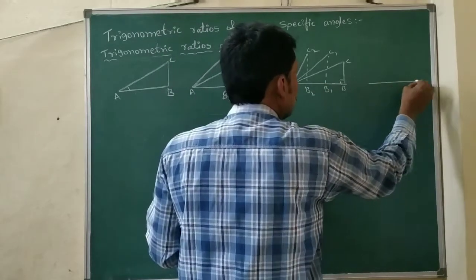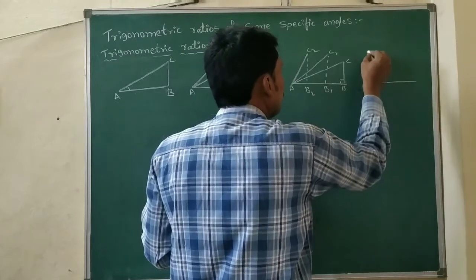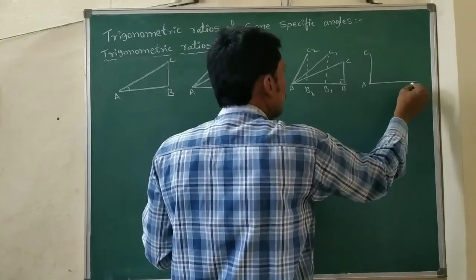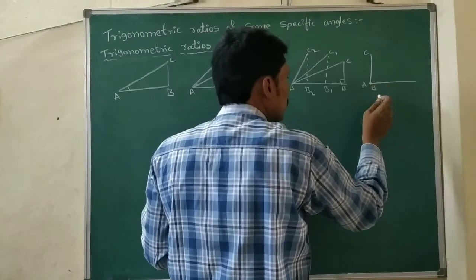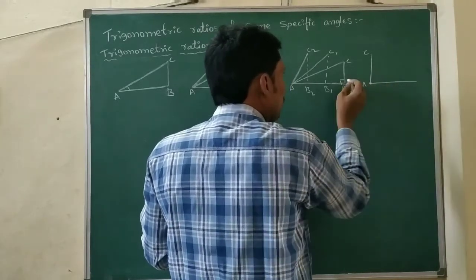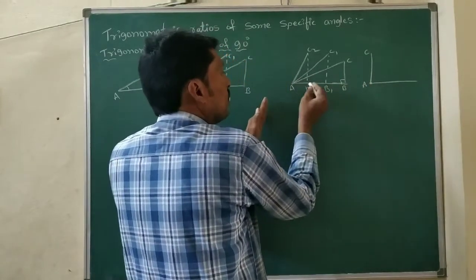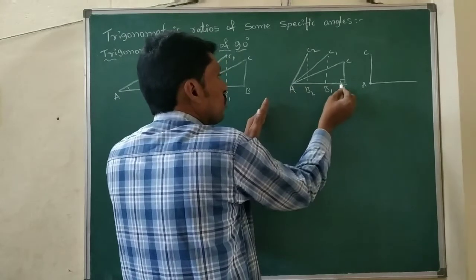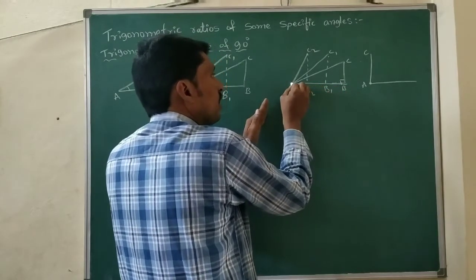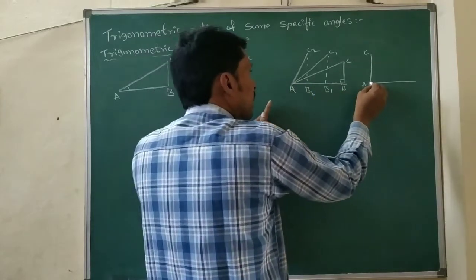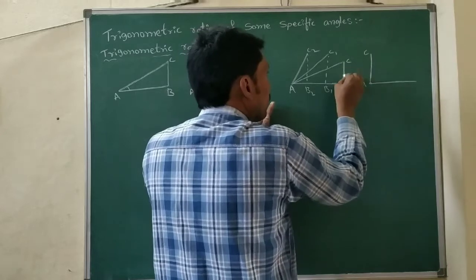Next time, again taking 90 degrees, it is A, it is C, and this B becomes here only. So B is getting nearer to A. First B, then next B1, B2, B3, and so on we are getting, up to A.